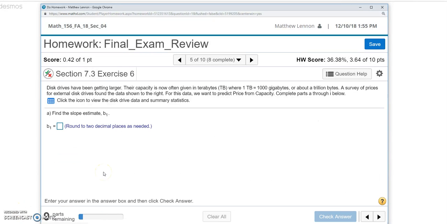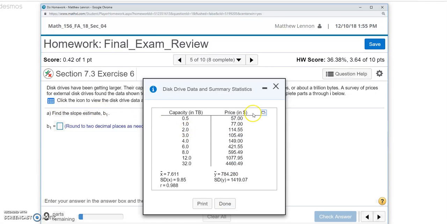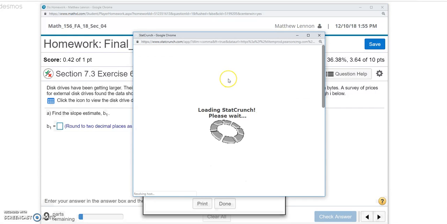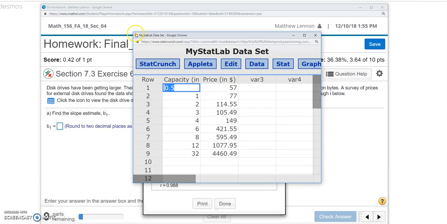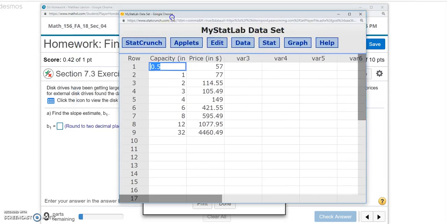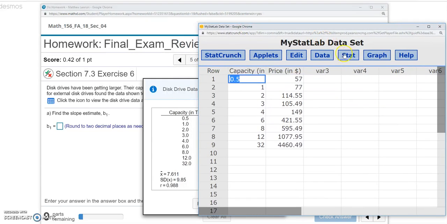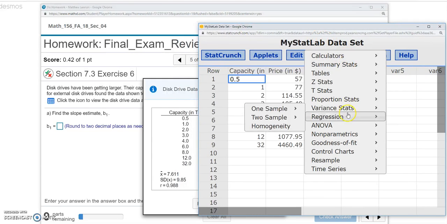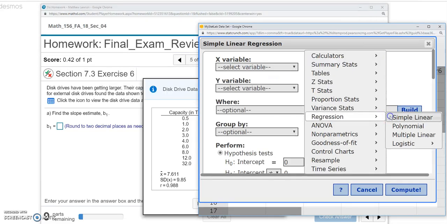Okay, just briefly reset the question so we could work on it again. So let's open up this data in StatCrunch. Typically the easiest way to do it. So we're trying to find the regression model. The regression model can be found by going to Stat, Regression, and then we're doing a simple linear regression.